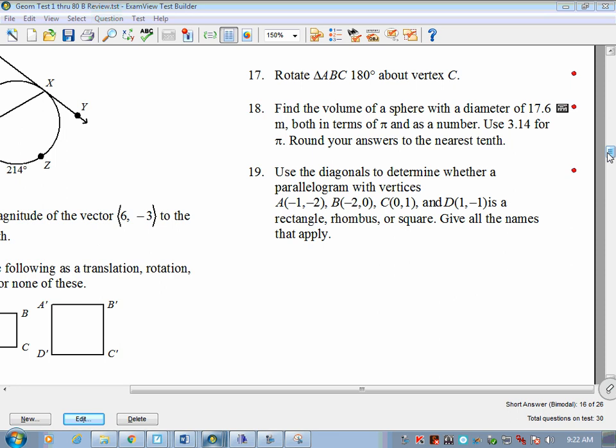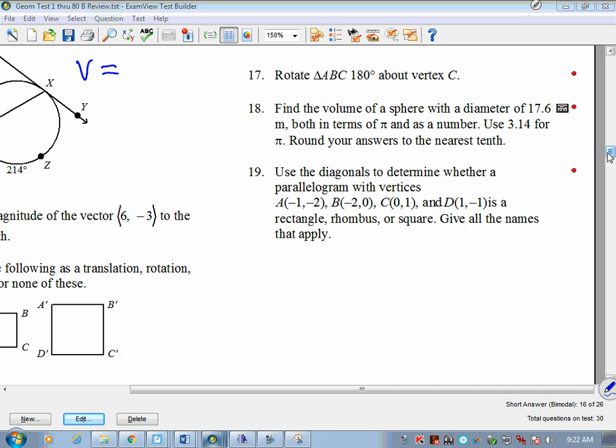So what do we need to know here going in? Is there any particular formula I need to know? Volume of a sphere. All right, can anyone tell me what the volume of a sphere is? Nobody can.